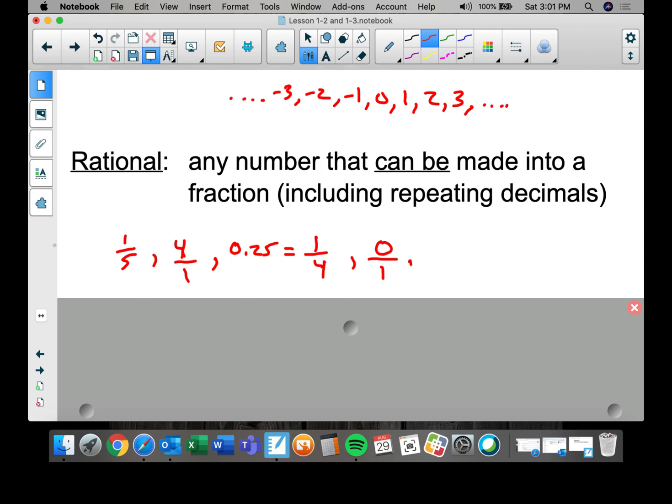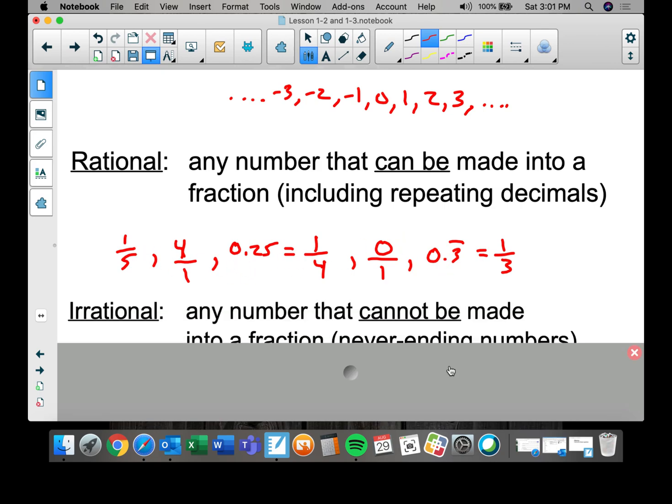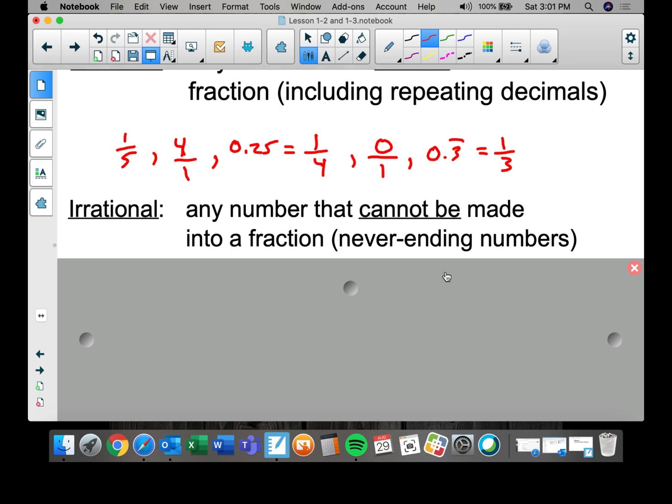And then, one last one: if I take 0.3 repeating, 0.3 repeating can be written as 1/3. And therefore, that's why that's also in the rational numbers. So rational numbers are any number that can be made into a fraction, including ones that already are. If we keep going, we've got 2 sets left.